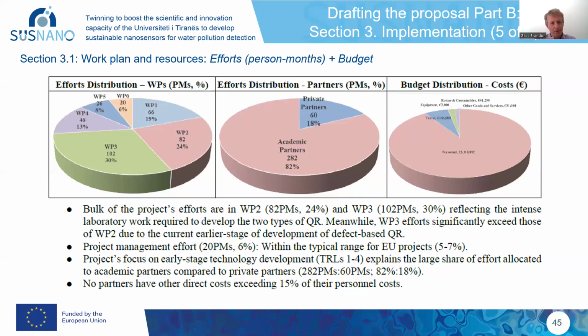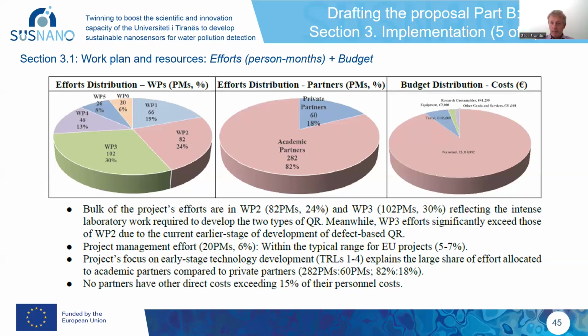On the other hand, if it was a proposal, say, for an innovation action, with these higher TRL levels, I would expect to see a much fairer share, maybe even quite possibly that the private partners have more person months than the academic partners. Okay.